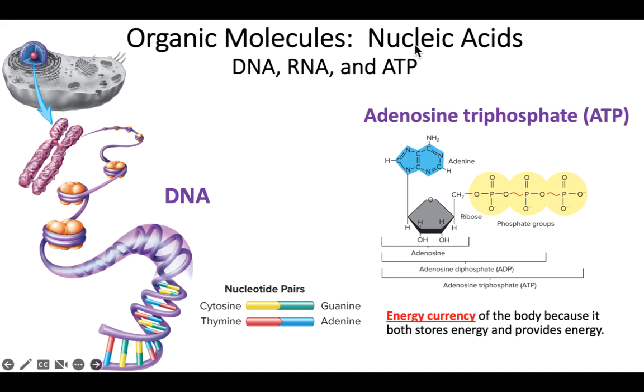You also have what's known as ATP, which if you've never heard of ATP, you've probably never taken a science class. ATP is our energy currency. It's what we make from carbohydrates, what we make from triglycerides. Anything that you consume to get energy from, that energy is in the form of ATP.